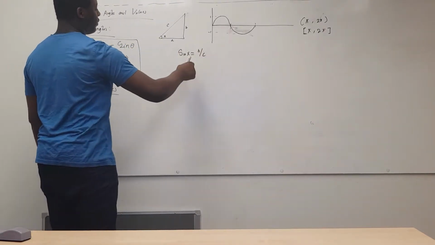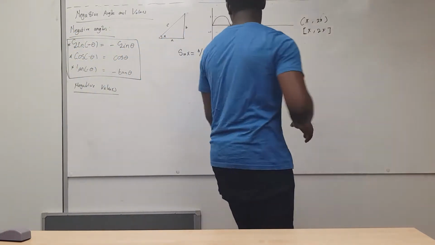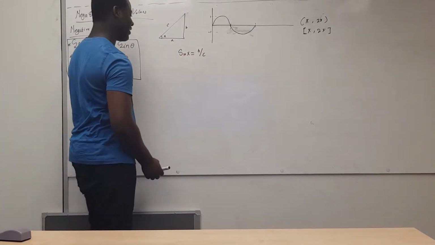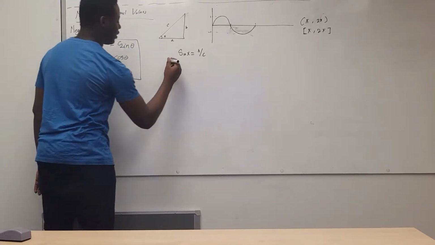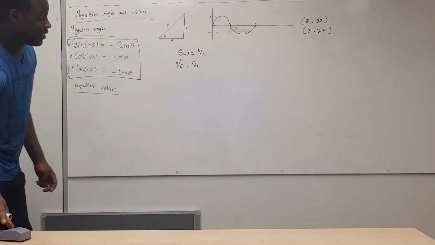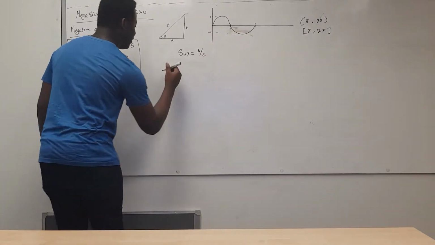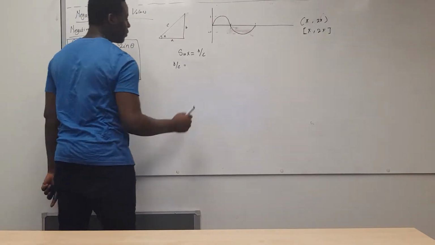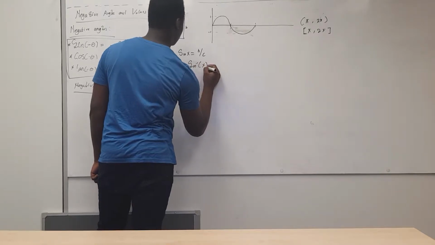If you wanted to solve for this quotient, we have b divided by c equal to sine inverse. So this is the inverse function actually.